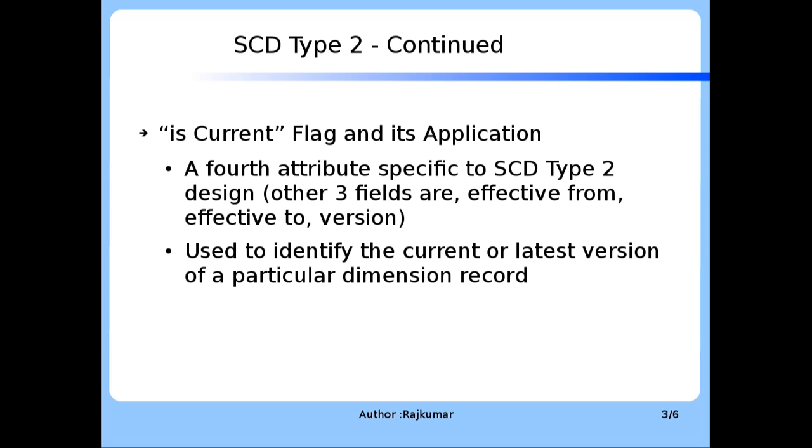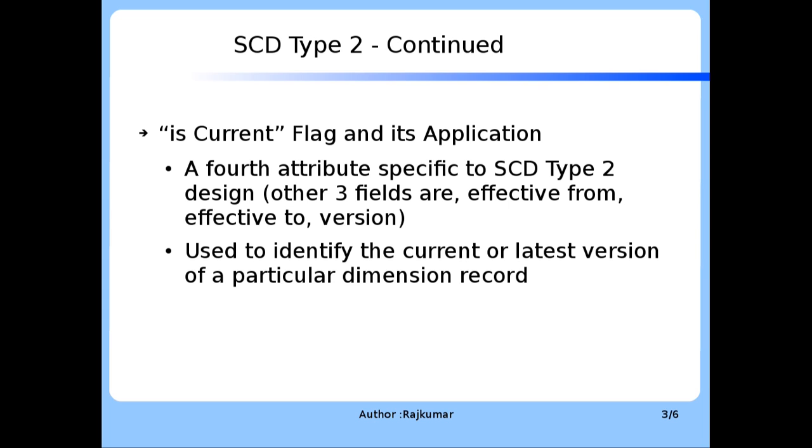You have to write some complex SQLs, and in that situation the usage of this attribute comes in handy. You can just add a filter condition on this flag equal to true, so it automatically fetches the current version of the dimension record. So that's the specific application of this attribute in SCD Type 2 design.